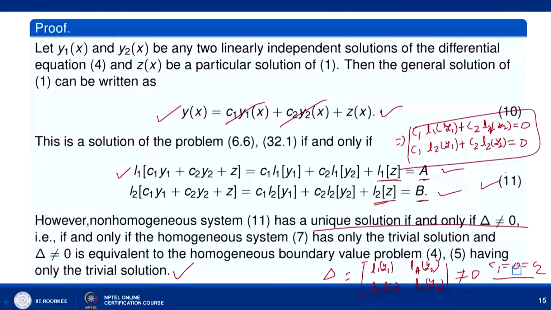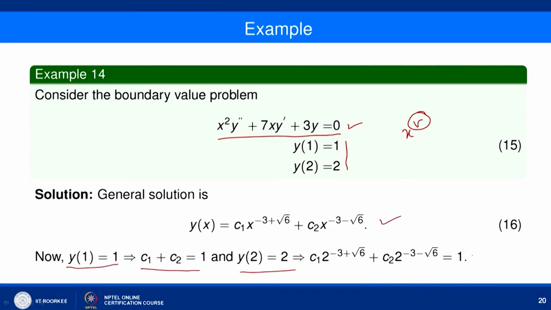So, let us take one example based on this. Consider the boundary value problem x square y double dash plus 7 x y dash plus 3 y equal to 0 with the non-homogeneous boundary conditions, that is y(1) equal to 1 and y(2) equal to 2. Since it is a Cauchy-Euler equation, we can easily find our solution in terms of x to the power r.